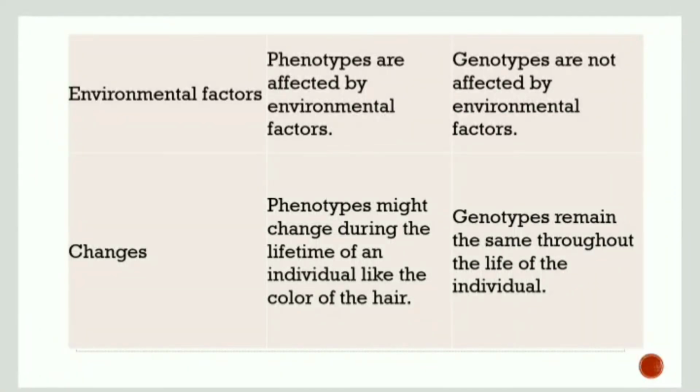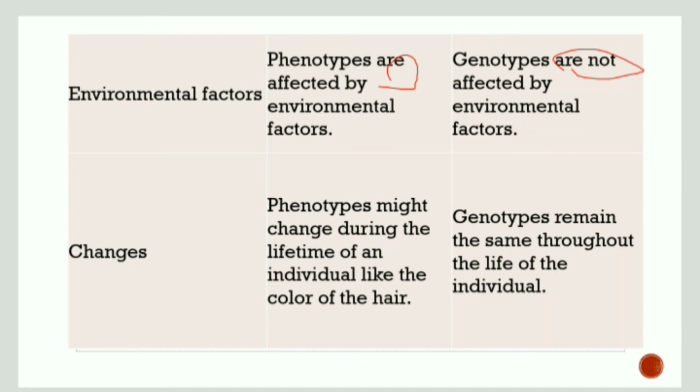Now let us discuss the difference based on the environmental factors. So based on the environment factors, we can see that phenotypes are affected by environmental factors, whereas genotypes are not affected by environmental factors. We can also differentiate them based on the changes. So phenotype might change during a lifetime of an individual.